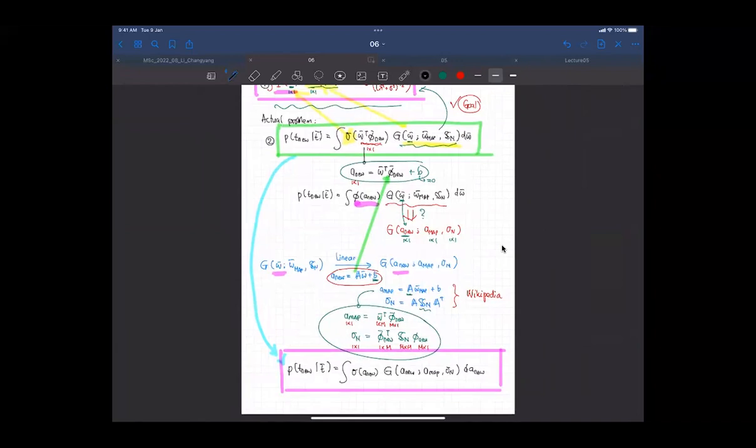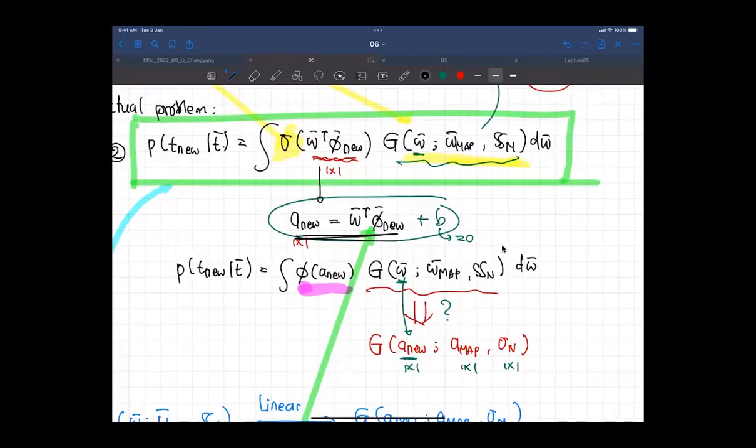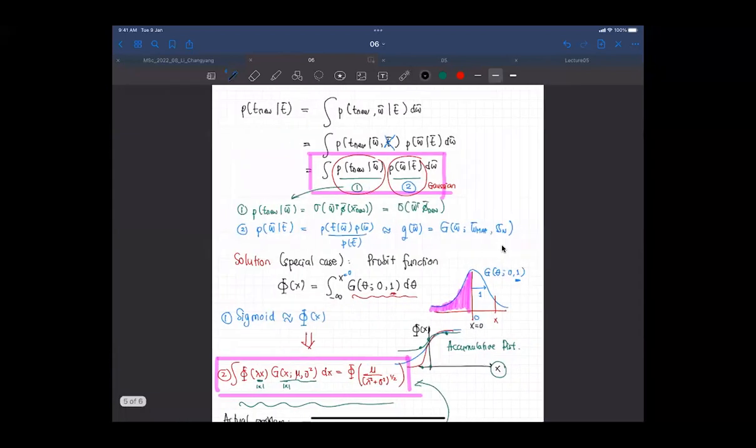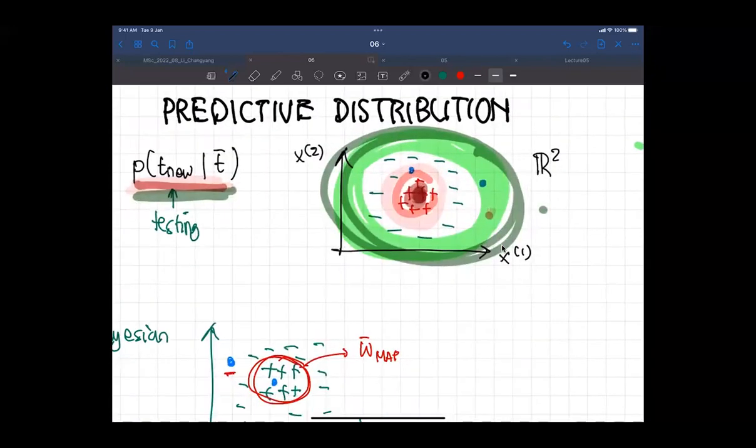The AU is actually TU, right? AU is not. AU is this one. AU is the W transpose, which is the TU? Oh, okay. Right. TU is we want to know what is the price. So TU is the label.